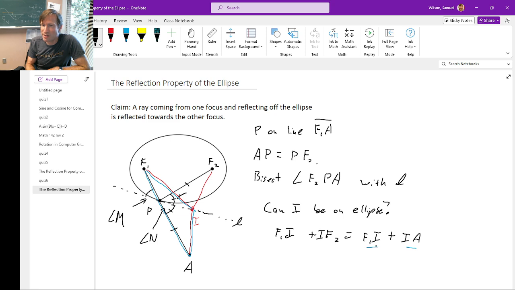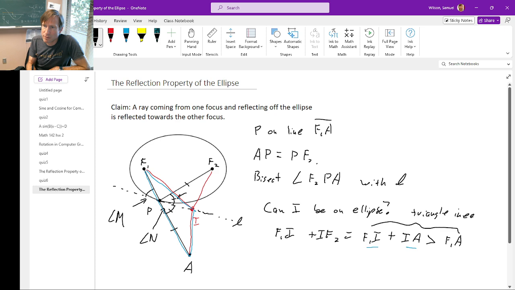So F1 to I plus I to A, that has to be a larger sum than from F1 to A. This fact is called the triangle inequality. So two sides of a triangle have to add up to more than the third side. Otherwise, they wouldn't make a triangle.